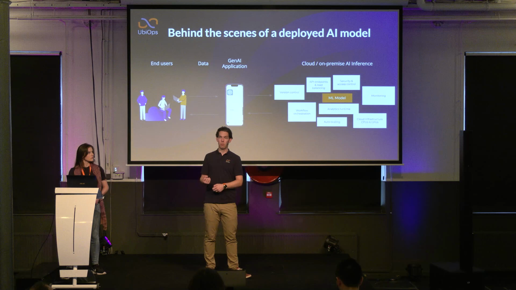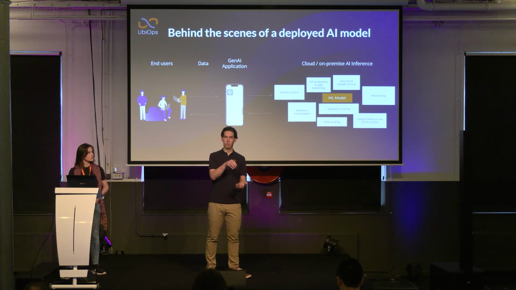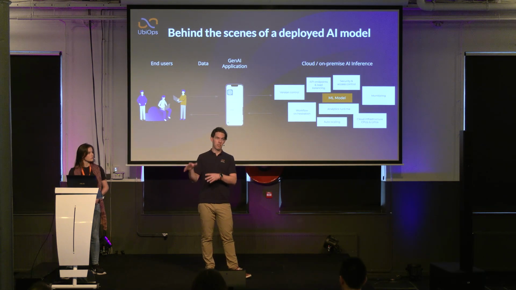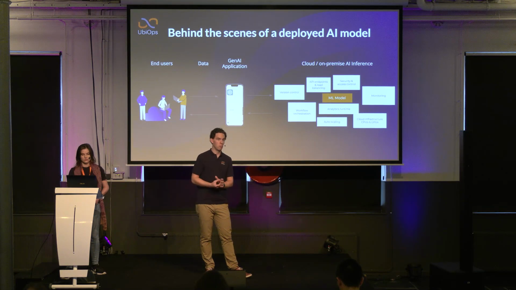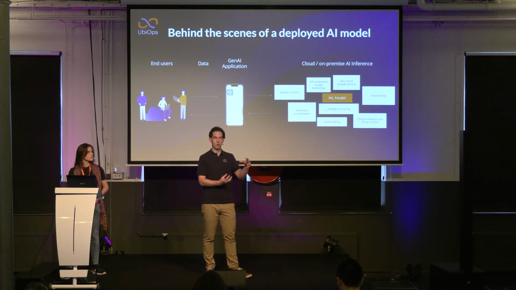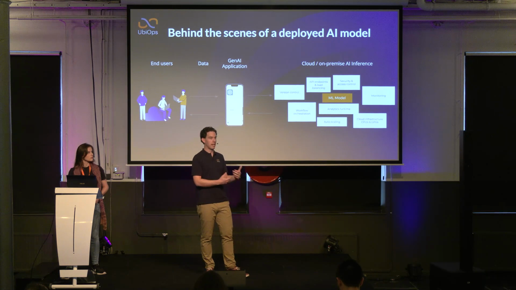I want to have a machine learning model, but I also want to have a server and run the model on that server and make sure it processes data all day. And if the traffic increases, you also want to know that the model scales up and is able to process more requests and more data at the same time.